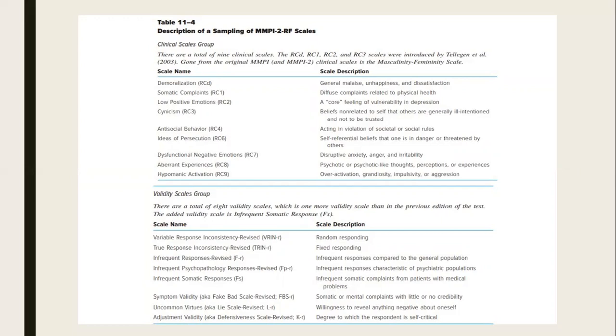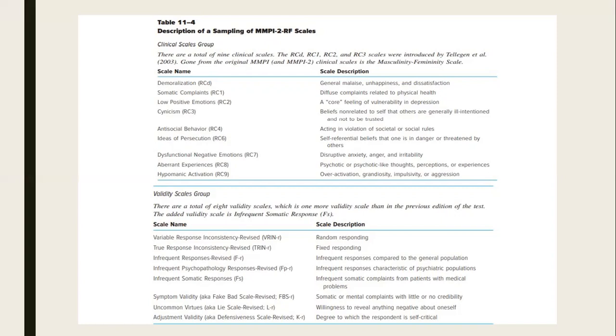The test can also be used to help assess major symptoms of psychopathology, personality characteristics, and behavioral proclivities. In the clinical scales group, there are a total of 9 clinical scales. The RCd, RC1, RC2, and RC3 scales were introduced by Tellegen et al., 2003, gone from the original MMPI and MMPI-2 clinical scales is the masculinity-femininity scale. Here are the scale name and its scale description.